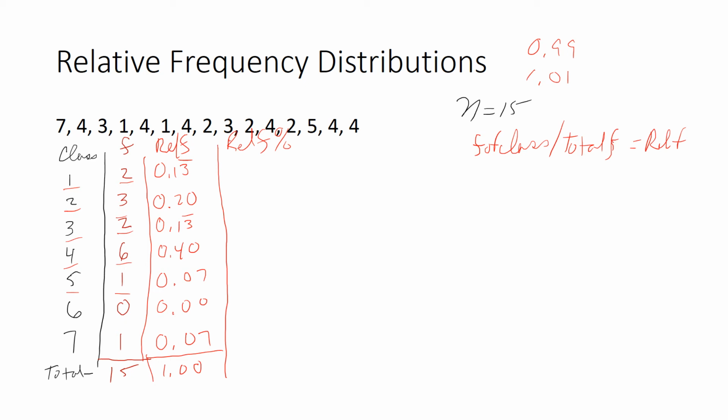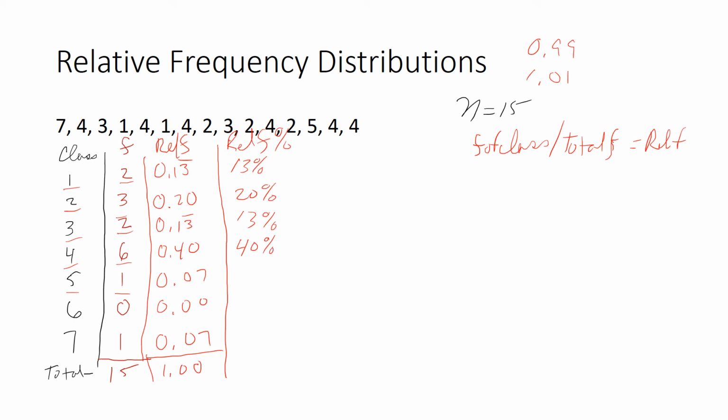So this would be 13%. The class of 2 with a frequency of 3, that's 20%. Class of 3 with a frequency of 2, that's also 13% of the whole frequency. The class of 4 with a frequency of 6 is 40% of the overall frequency distribution.